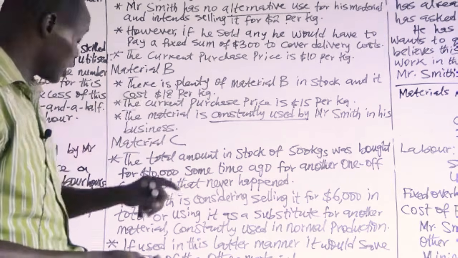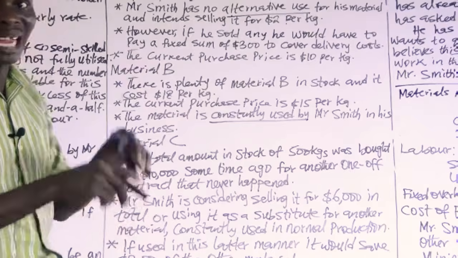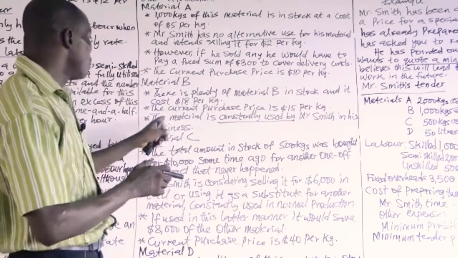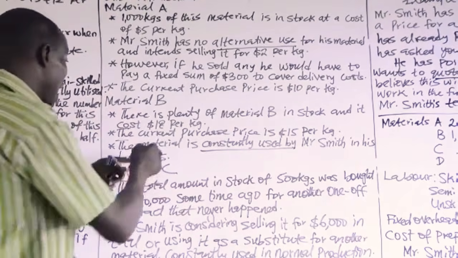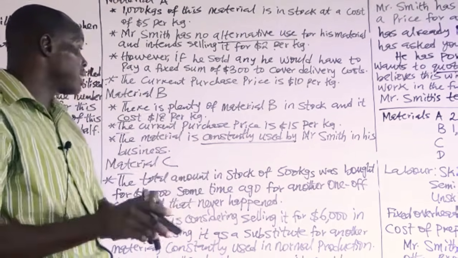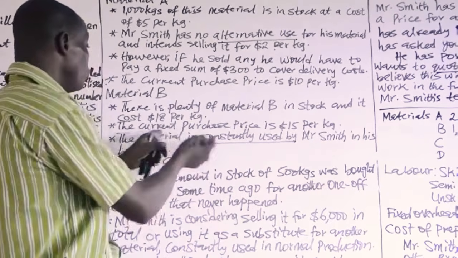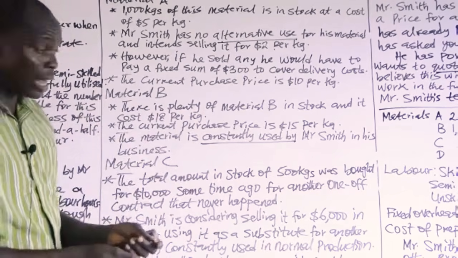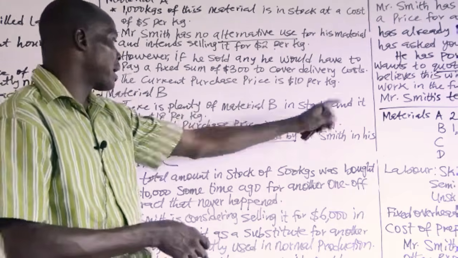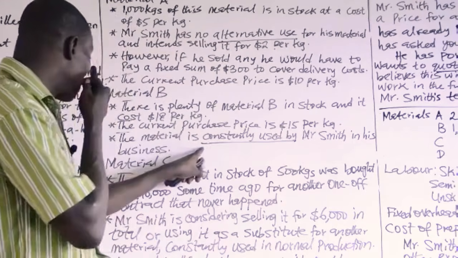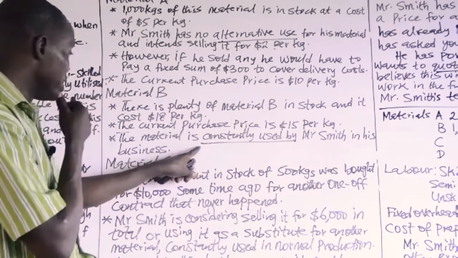I've told you that past costs are not relevant. But since it is constantly used, where it can be ascertained that materials are used regularly, you use the current market price or the replacement price. So the current purchase price of $15 per kg will be considered as the relevant cost of material B.